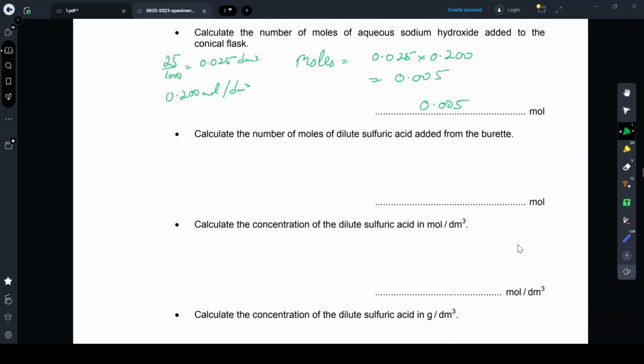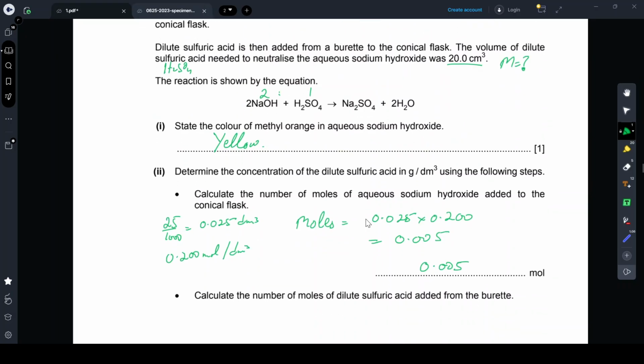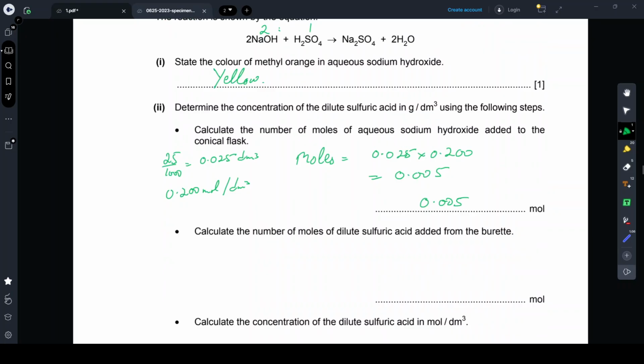Now calculate the number of moles of dilute sulfuric acid added from the pipette. So look at the mole ratio. It's 2 is to 1. So that would be 0.005 divided by 2, which will give you 0.0025.